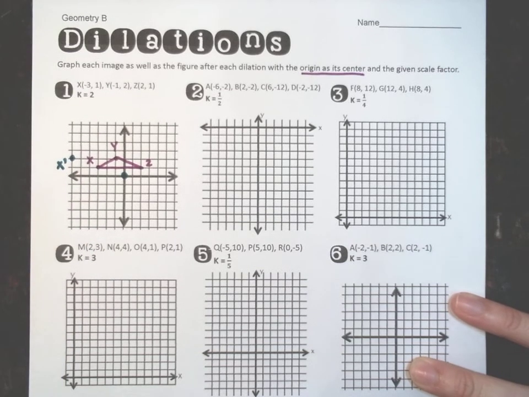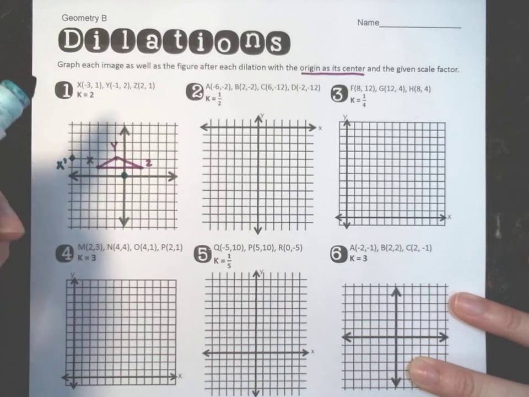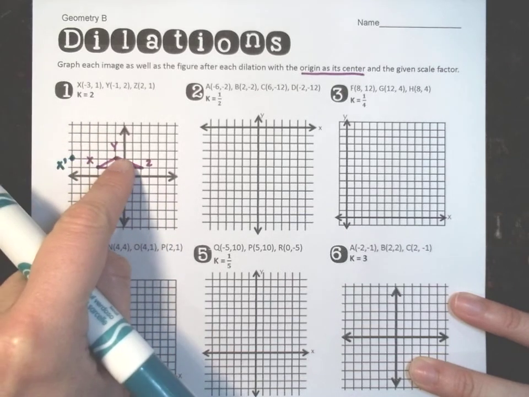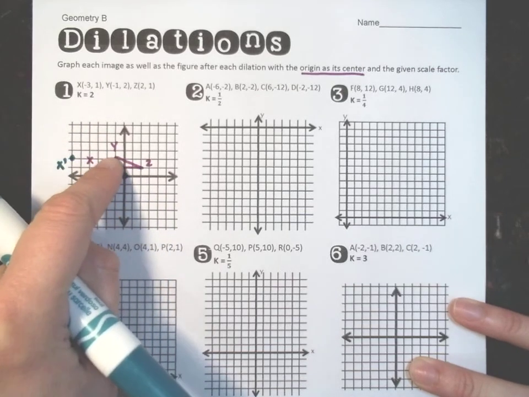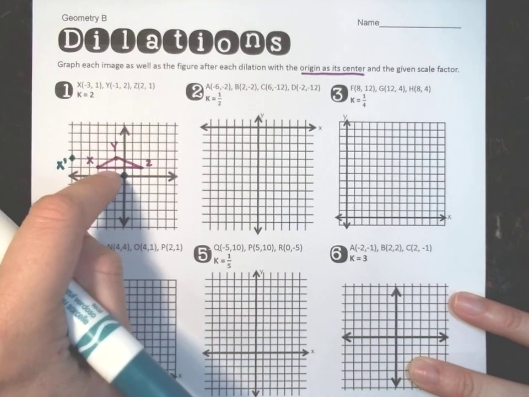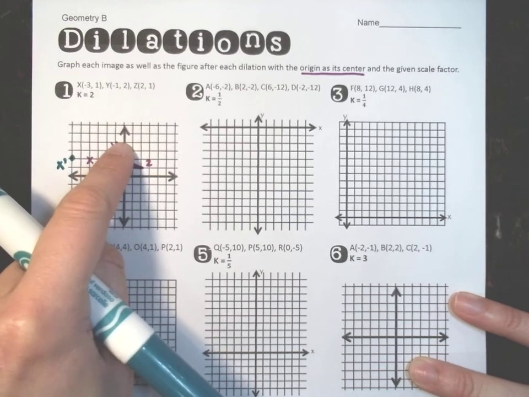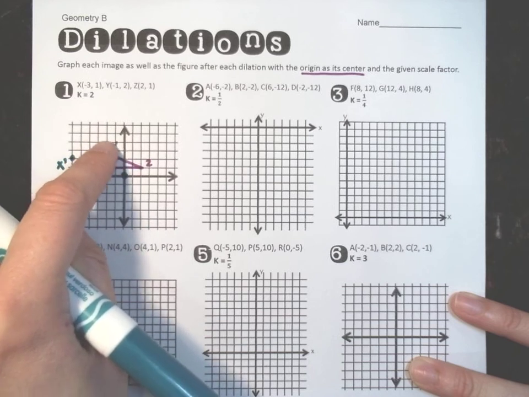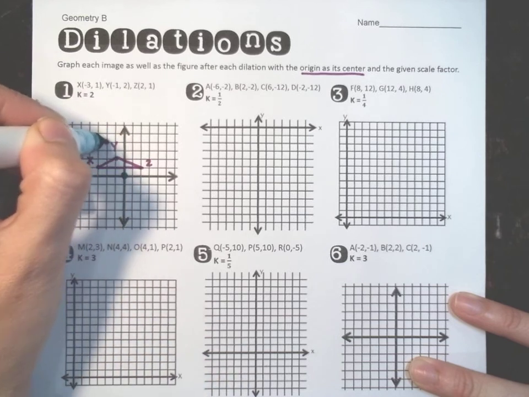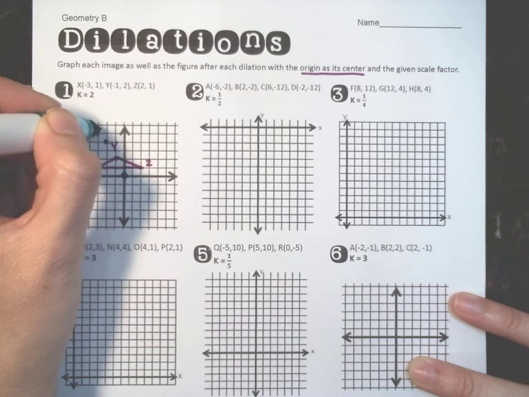That's been transformed. And then Y, we go up 2 and we go over 1. So we're going to multiply both of those by 2, which means we're going to go up 1, 2, 3, 4. Instead of going over 1, we need to go over 2. And that's Y prime.